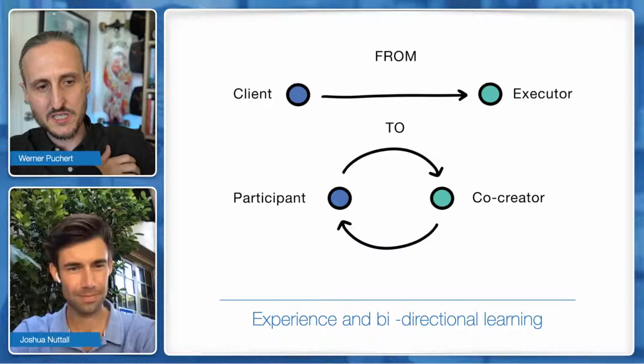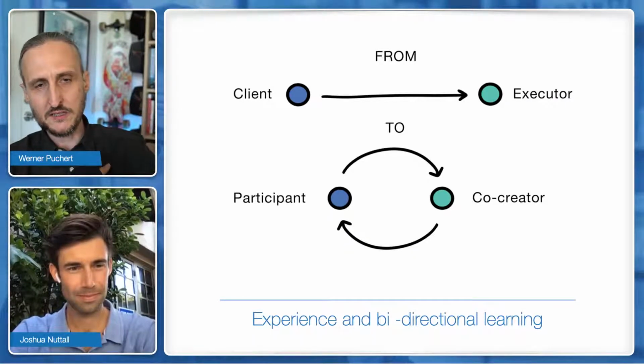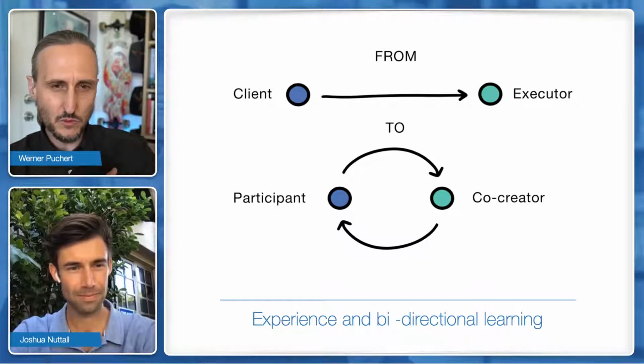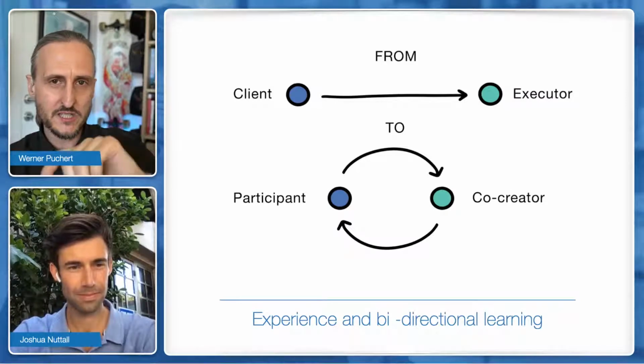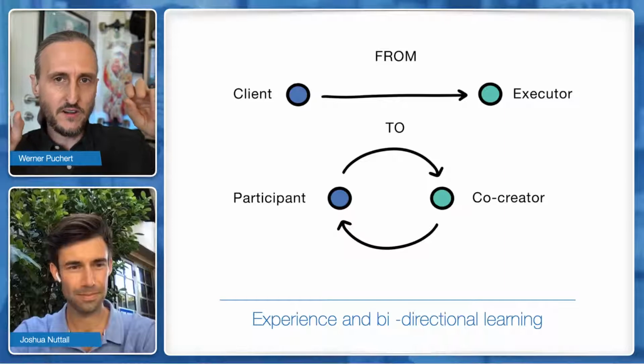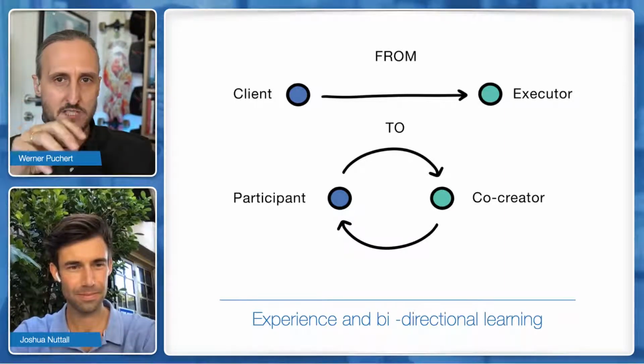But something else I want to riff on is that I find it interesting that there's a client and executor relationship. In a consulting world, if you set up a relationship with a client where you are the executor, and then it's called the supplier, it's very difficult to then change yourself from a supplier into a trusted advisor.